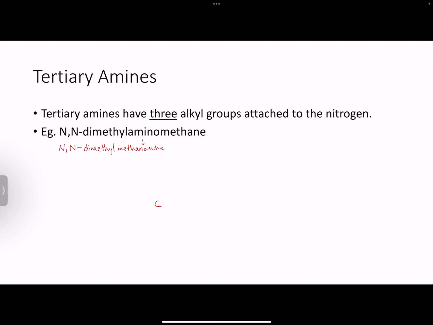So we'll start with a one carbon chain attached to a nitrogen, attached to two other carbons for the dimethyl group portion. And you could also call this trimethyl amine. There's a lot of different naming systems we can use, but the one we've been consistent with is IUPAC. So there's the molecule for that, AX3E, just to bring that back. So it's going to be trigonal pyramidal.